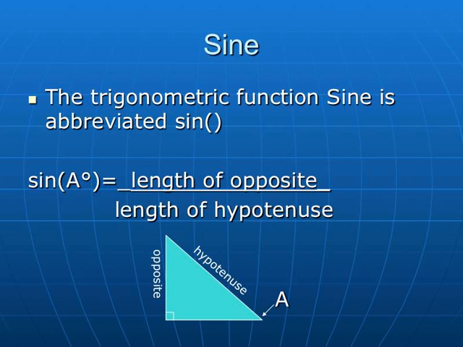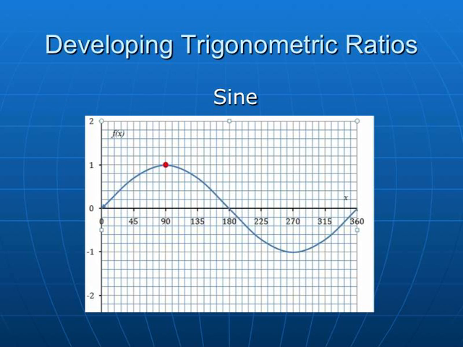And so what we do is we just take that, measure a whole bunch of them, plot it out, and when we plot it out, what we get is this graph here. Why do you think 90 degrees is 1? Think about it.